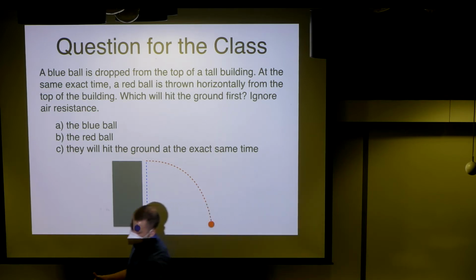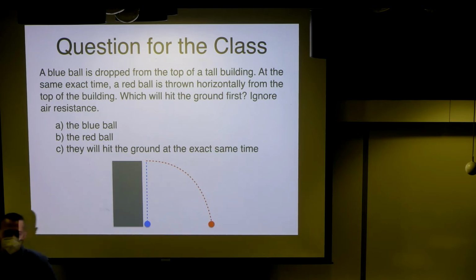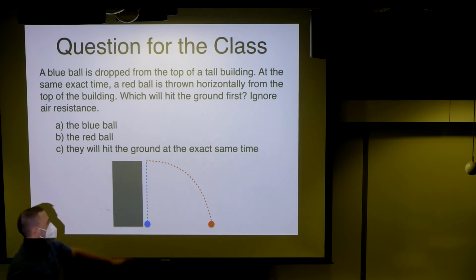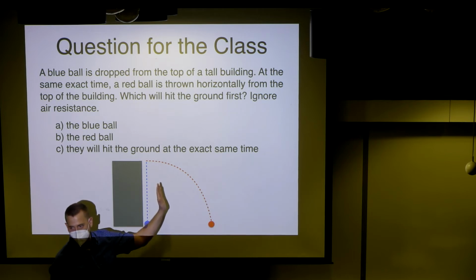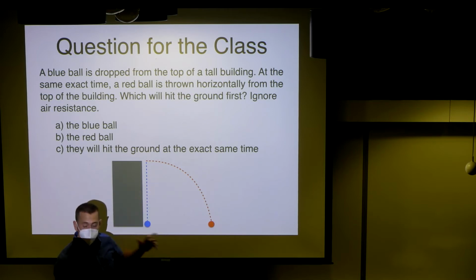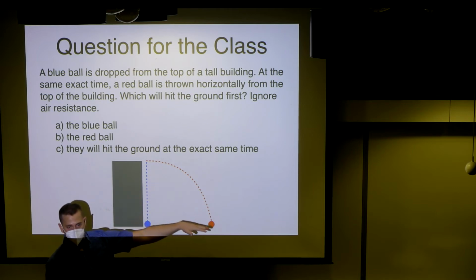Now, I'm going to show you exactly why this works out using equations. But the idea behind what I'm about to show you is that the x motion and the y motion of a projectile are totally independent of each other. Now these two projectiles obviously differ in terms of their x motions, right?